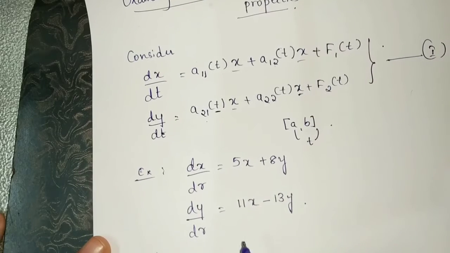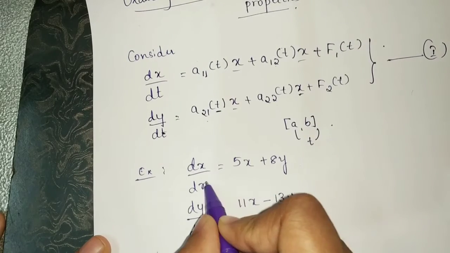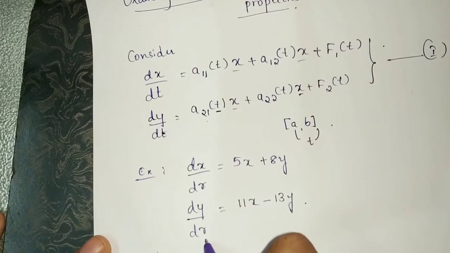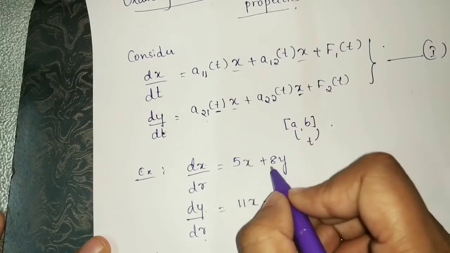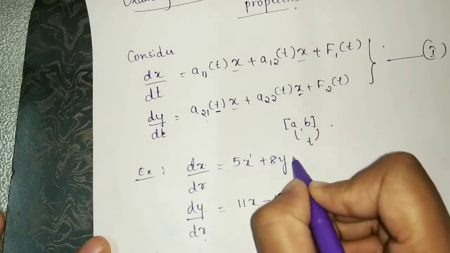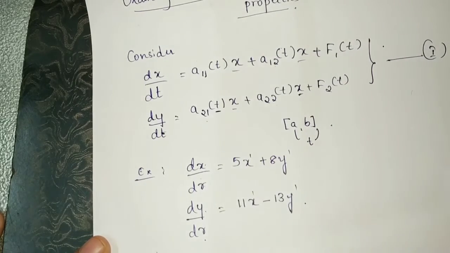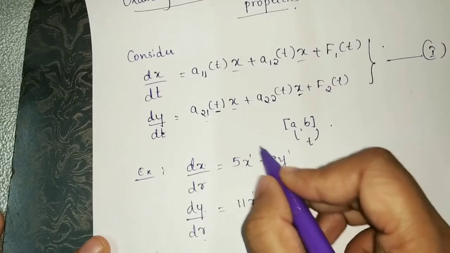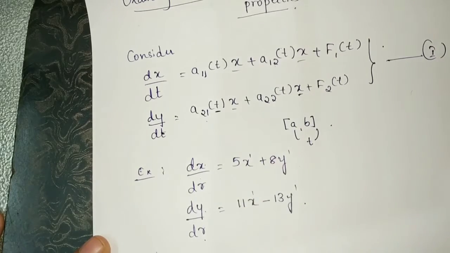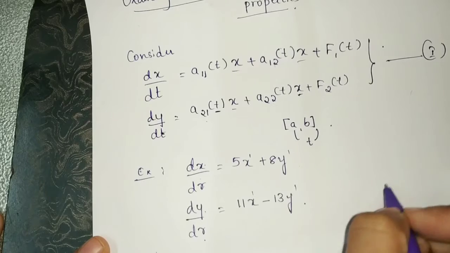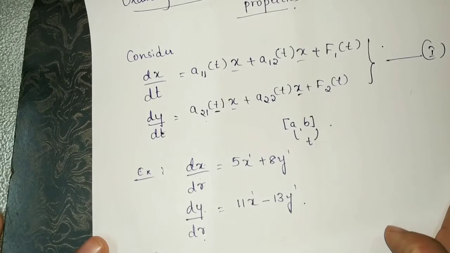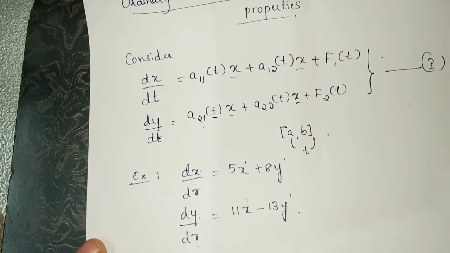In this case, you can see r is the independent variable. That's why x and y depend on r. You can see all the terms have the power 1 in their variables, and the powers are equal. Therefore, these equations will be a homogeneous differential system.